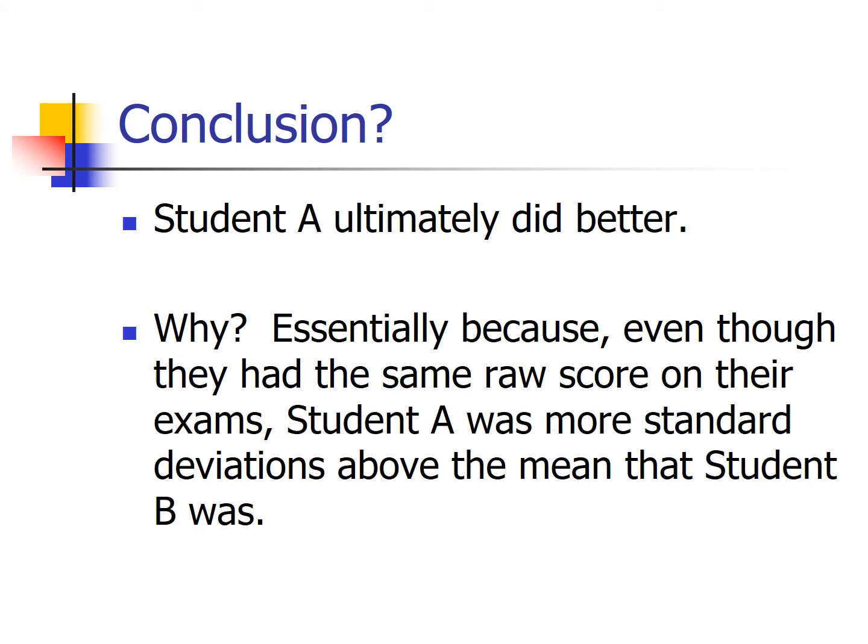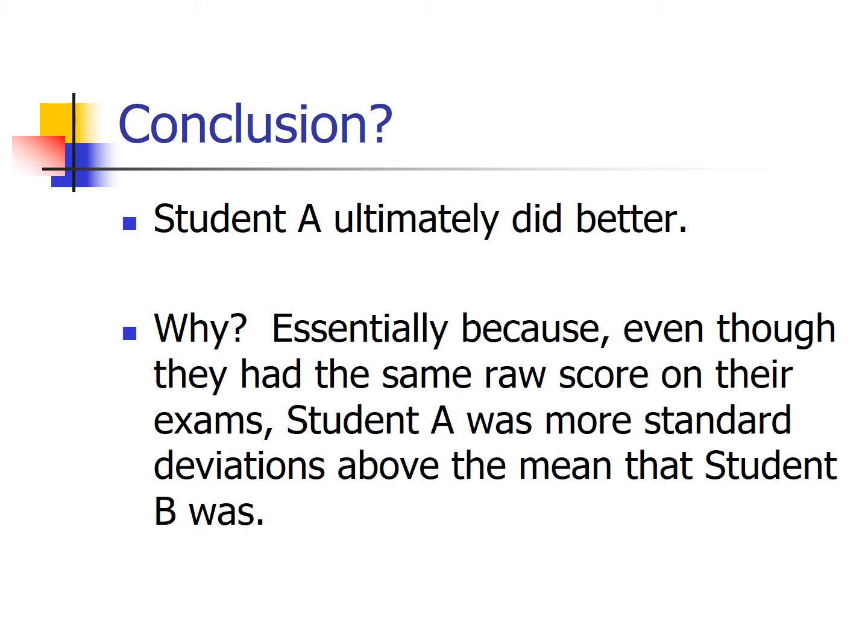So our conclusion is that student A ultimately did better. Why? What's the punchline? How could I have really seen this without drawing those pictures and going through a convoluted logic chain? Student A ultimately did better because even though they both had the same raw score, even though they both had a 70, student A was more standard deviations above the mean than student B was.